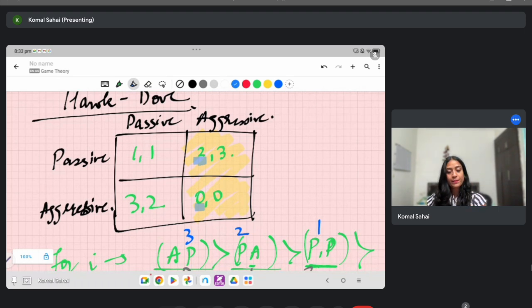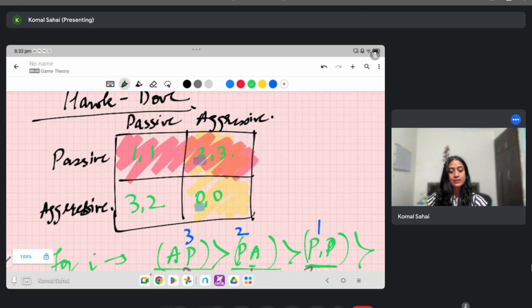Similarly, if player 1 is going to stay passive, then if player 2 sticks to being aggressive, she gets 3, and if she changes and becomes passive, she'll get 1.